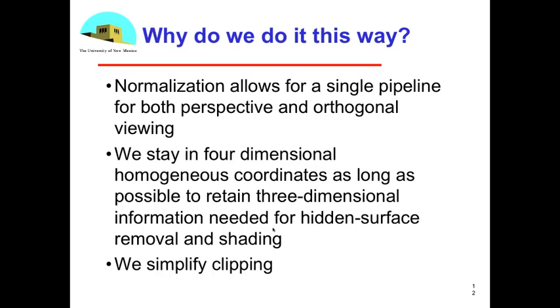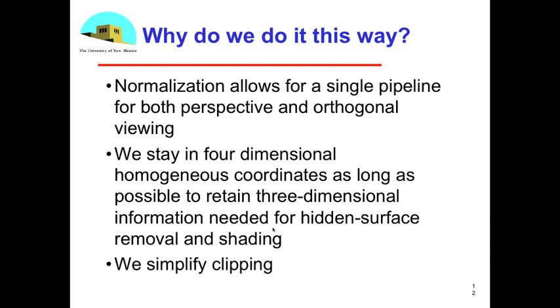Okay, so to summarize, I think it's pretty clear why we do it this way, because now I have a single pipeline that does both perspective and orthogonal viewing. I have the perspective division at the end, but because I'm building it all in hardware, it doesn't really matter if I have an orthogonal projection and we're doing the perspective division, but it was already one.